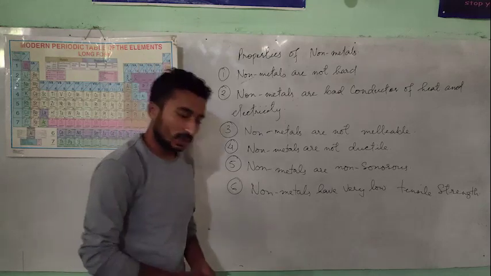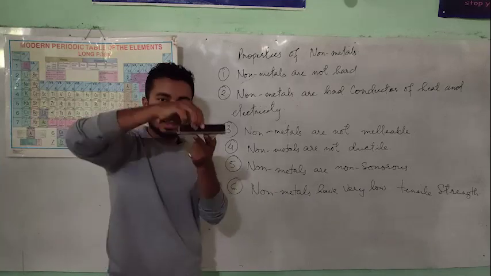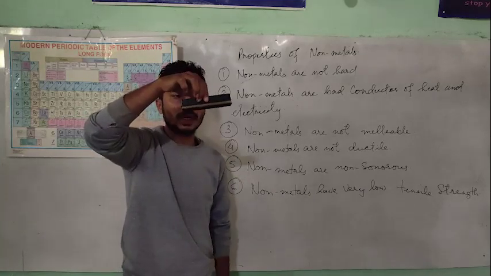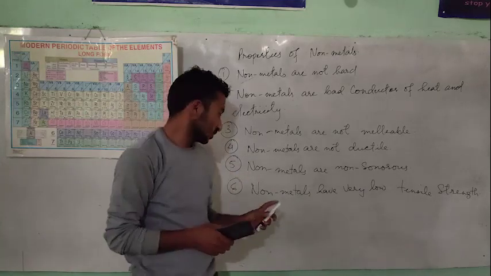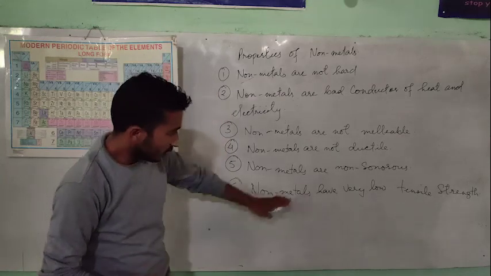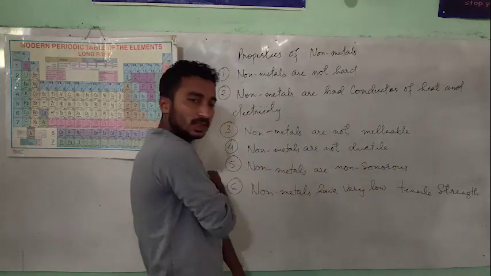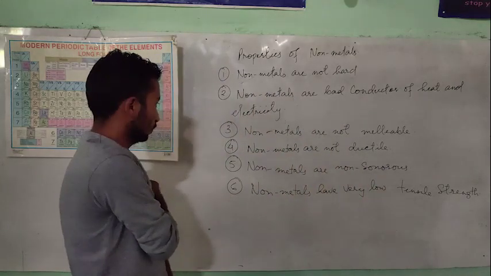Say for example, if I keep this duster above in air, it will not remain in air. If I leave it, it will fall down. This is because gases cannot carry anything in them. Because of that, non-metals have very low tensile strength. They can carry only those things whose weight is very low.